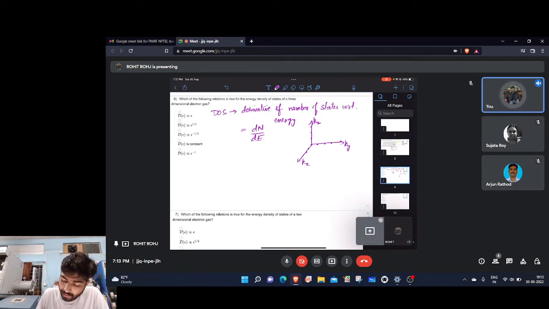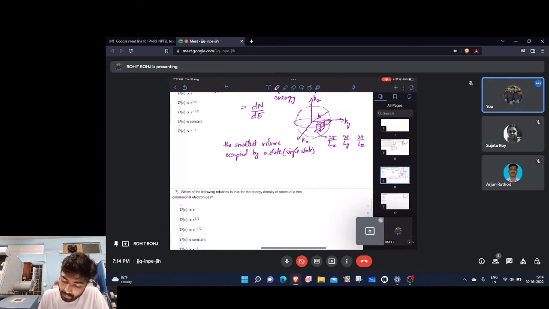Now I can draw a general sphere of radius K. In this sphere, the smallest volume occupied by a single state would be the unit element along Kx multiplied by the unit element along Ky multiplied by the unit element along Kz, and these unit elements are in fact 2 pi by Lx, 2 pi by Ly and 2 pi by Lz, following the inverse relationship between k and wavelength of the wave.